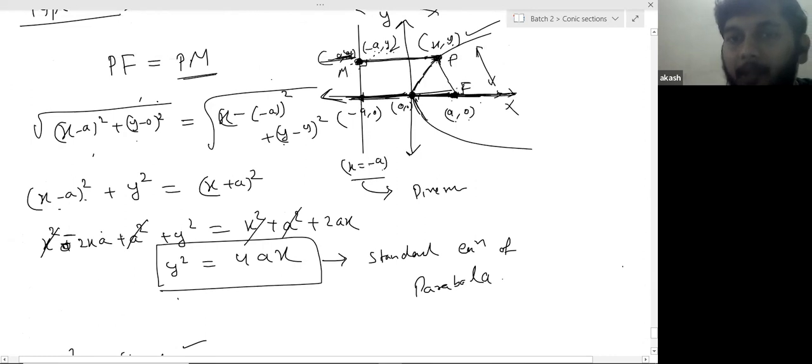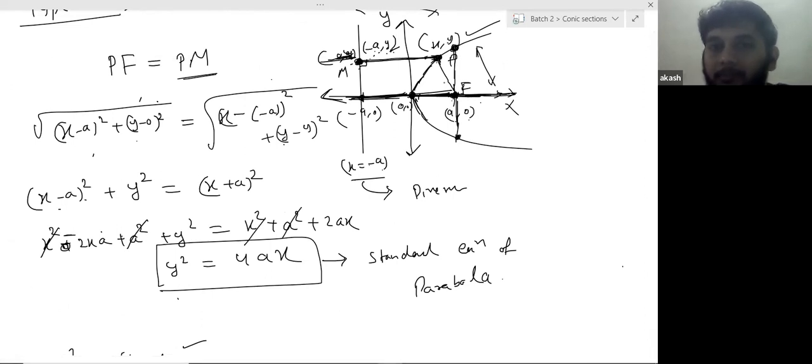A line perpendicular to the axis and passing through focus. This will be the line. This is a line segment. From this point to this point is called length of latus rectum. Clear?